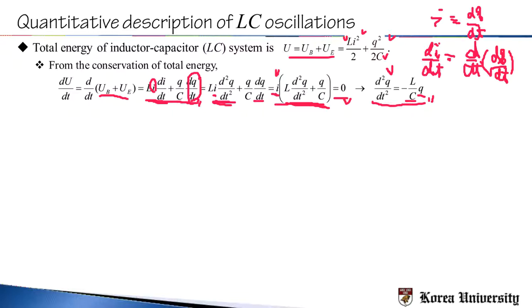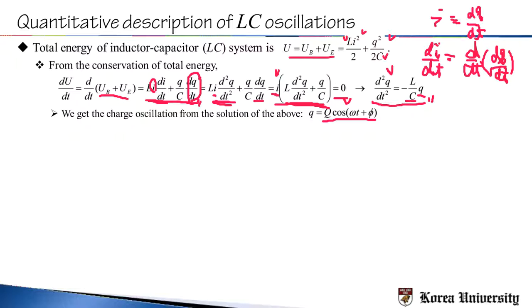It is of course cosine or sine, right? You can use either of the two, but here we will use the cosine function to express the charge, and this is a general expression of the charge.